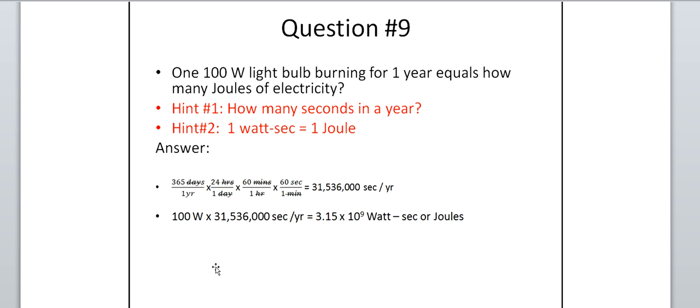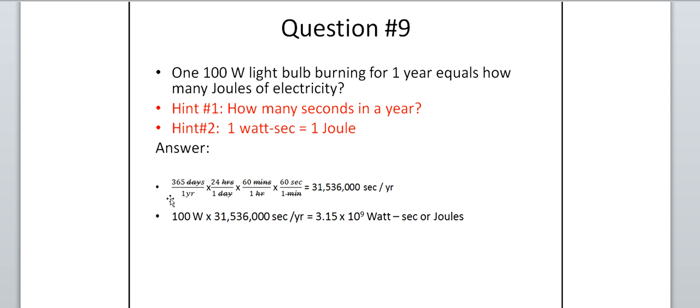And the hint to this question is that you need to convert 1 year to seconds. If you did that, you would have in your equation, if you multiplied the seconds of the year by a 100 watt light bulb, you would get a watt second, a unit called a watt second, which was equal to a joule. So let's do that.